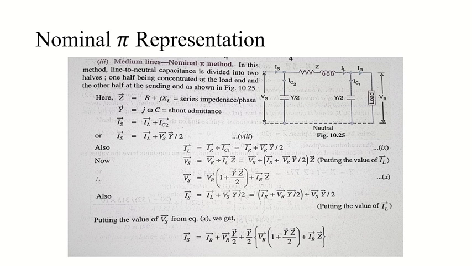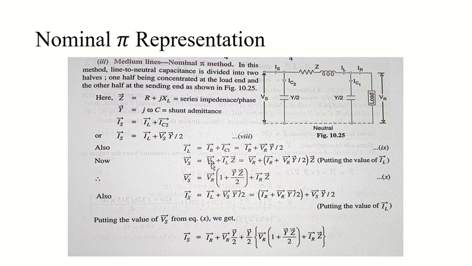Coming back here, when we do that, what will be the value of Vs? Vs is equal to VR times (1 plus yz divided by 2), plus IR multiplied with Z. So basically what did we do here? We just took all the terms which included VR.